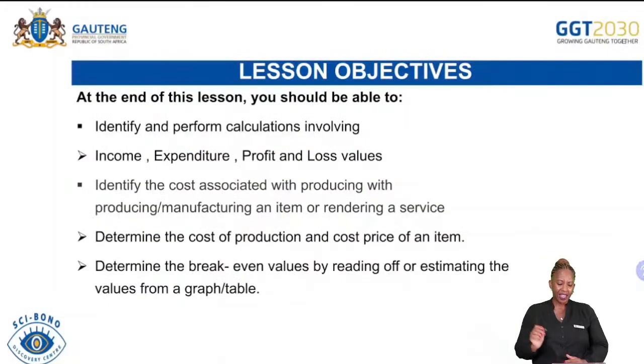Boys and girls, by the end of this lesson, you should be able to do the following. Identify and perform calculations involving income, expenditure, profit, and loss values. And then as we continue, we'll do it in detail.